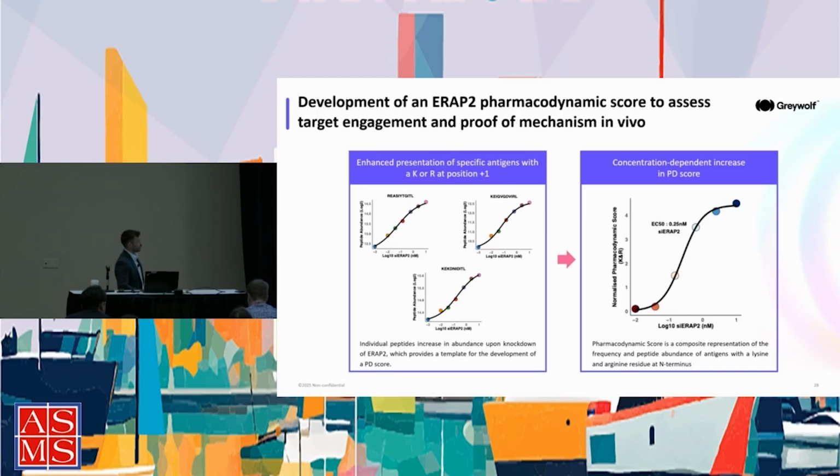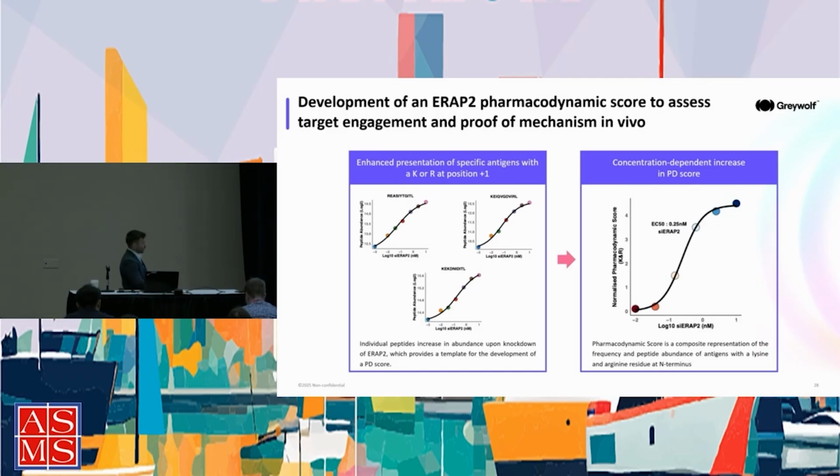But if you start to ask those questions on a global peptidome basis for these immunopeptides that we collect in this data set, you can again start to get single scores that are dose responsive, that allow us to fit a 4-parameter model or a sigmoid model and generate EC50 values.